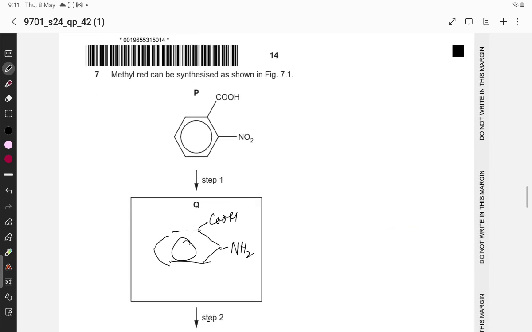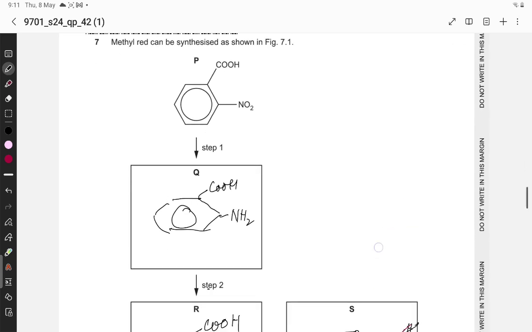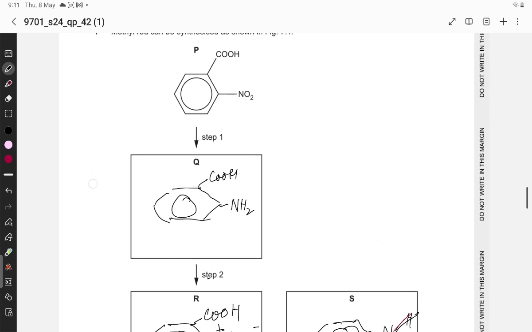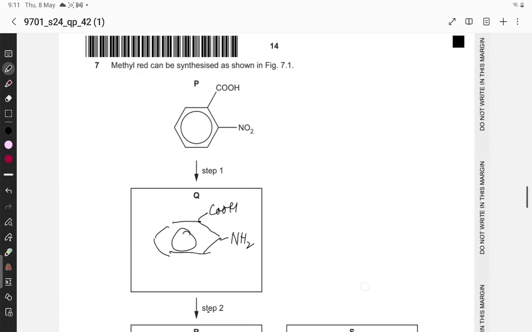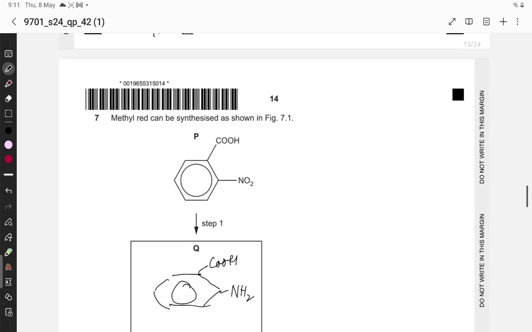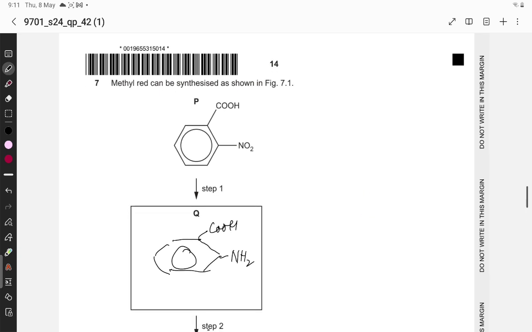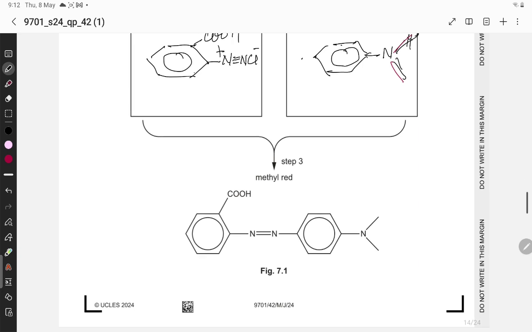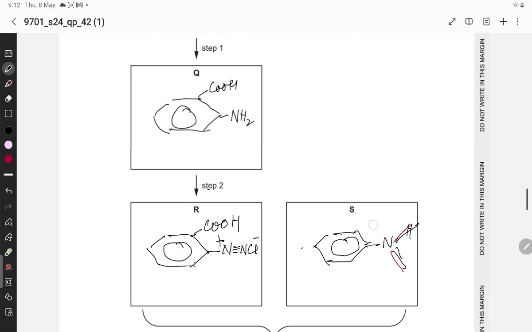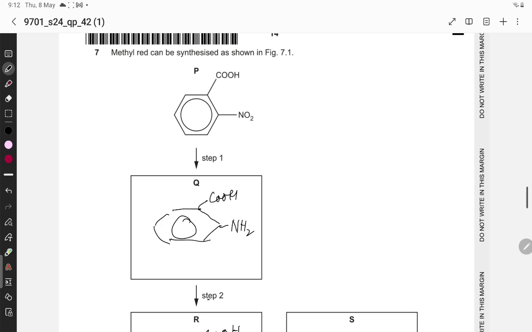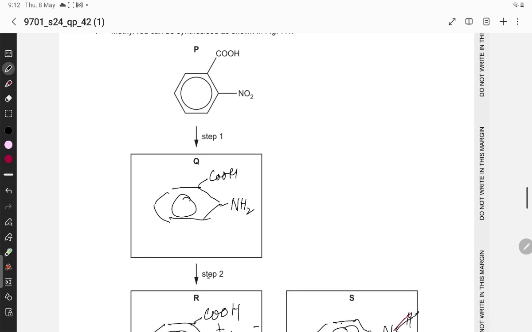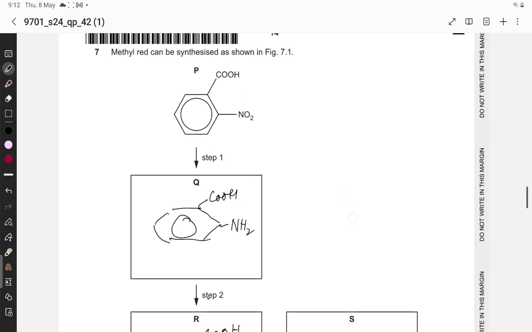Methyl red can be synthesized as shown in figure 7.1. So this is the conversion. This is the methyl red and it can be synthesized by using this. So in step 1, this is 2-nitrobenzoic acid.